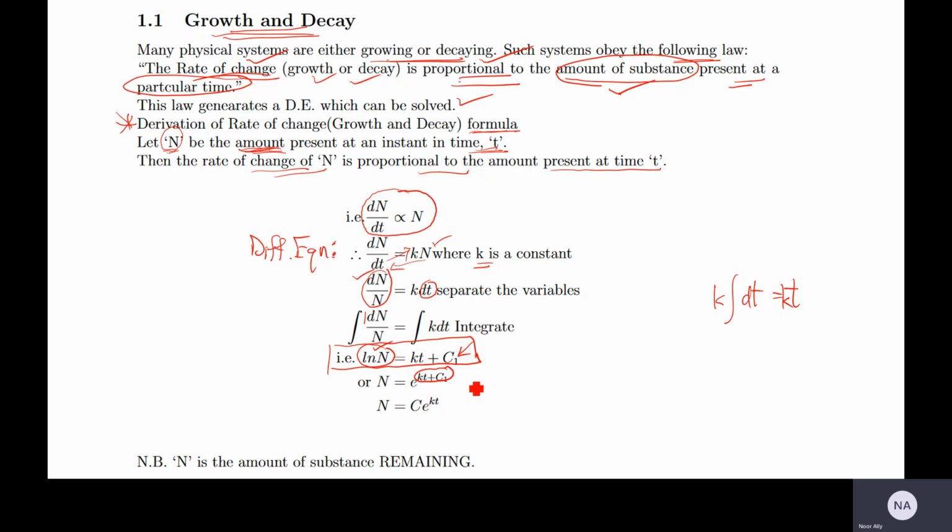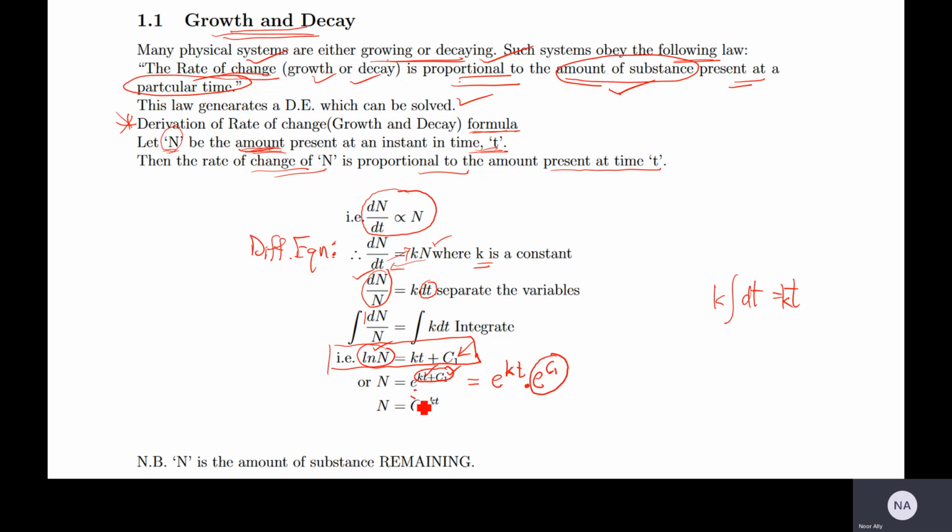Now I'm going to write another step here. I'm going to separate that: e to the power kt times e to the power c1. So I'm just using my exponential laws to split. Remember, e belongs to kt as well as c1. Multiply is a constant, e to some constant.